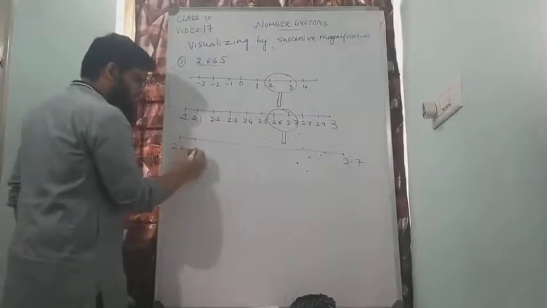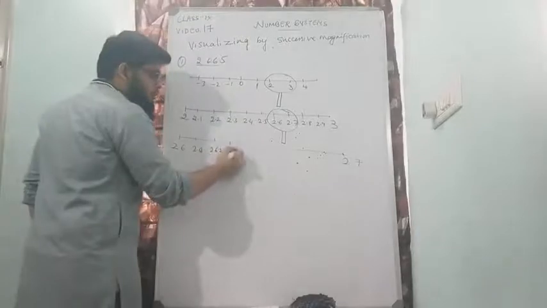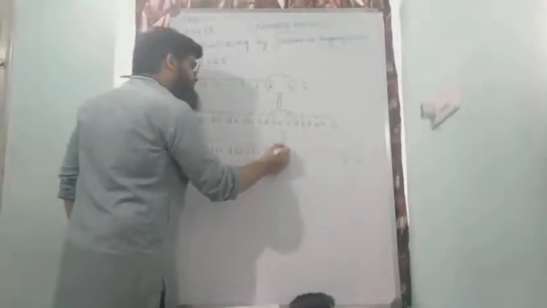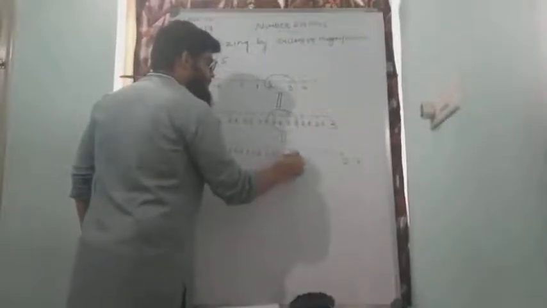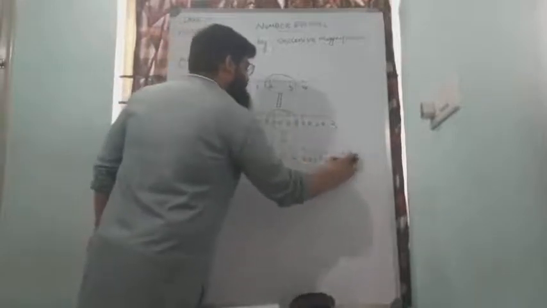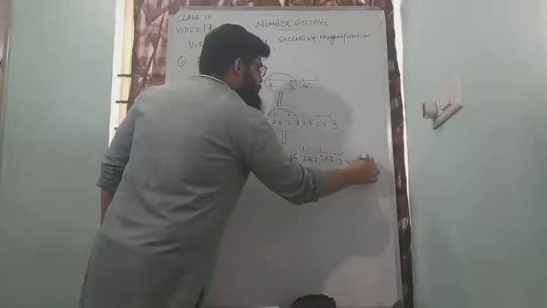And what should come between these? 2.61, 2.62, 2.63, 2.64, 2.65, 2.66, 2.67, 2.68, 2.69, 2.70.